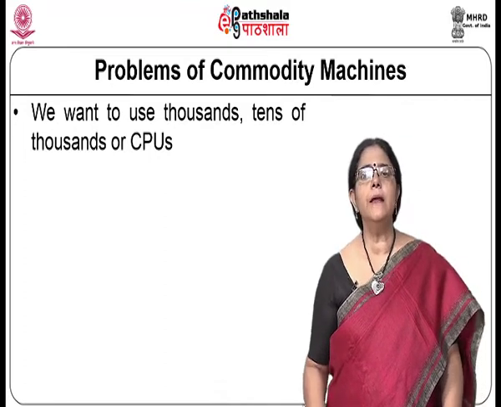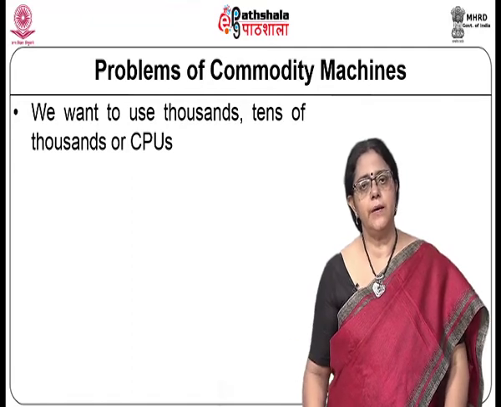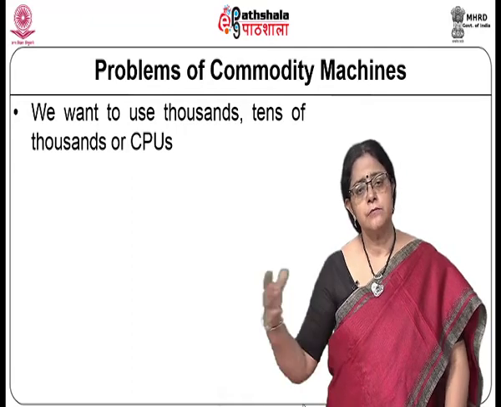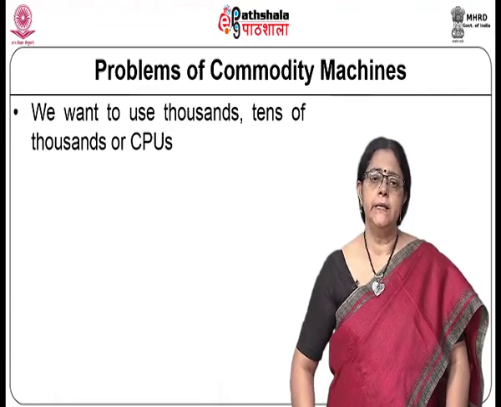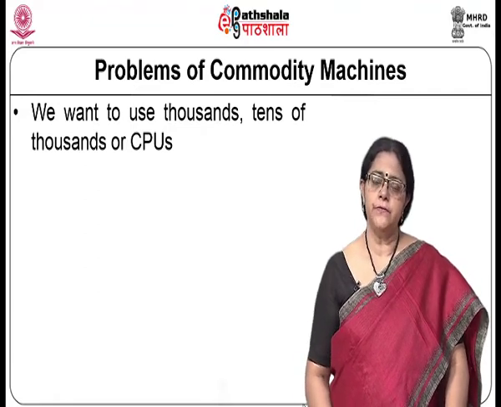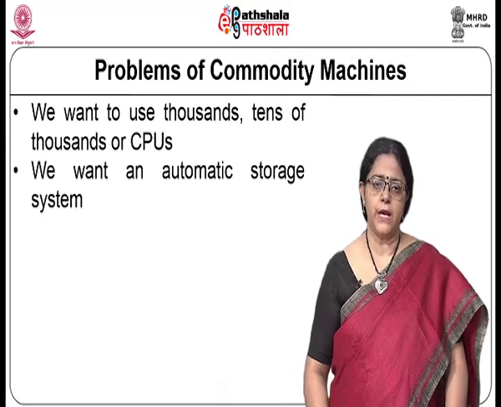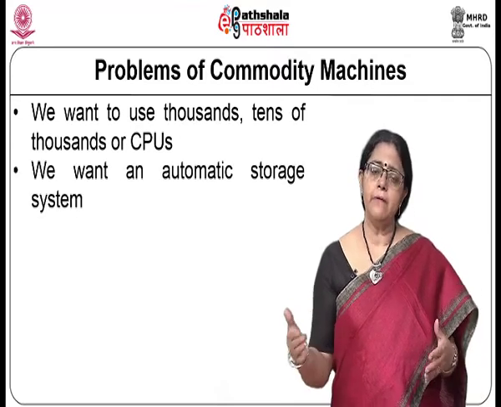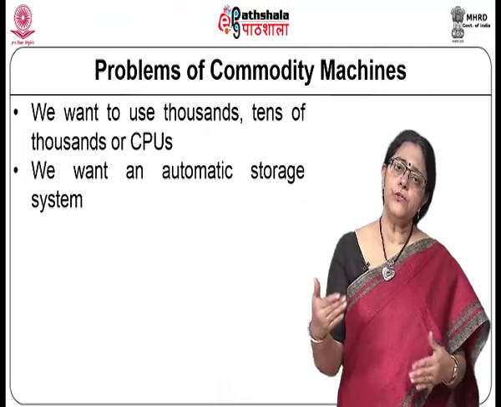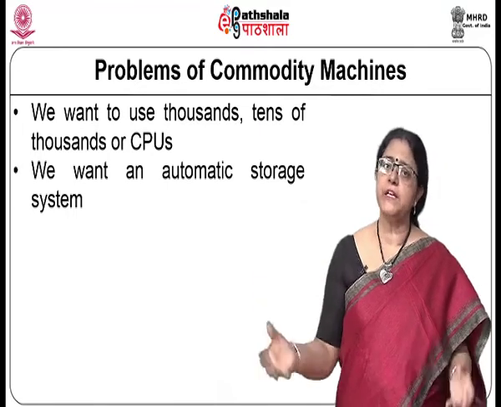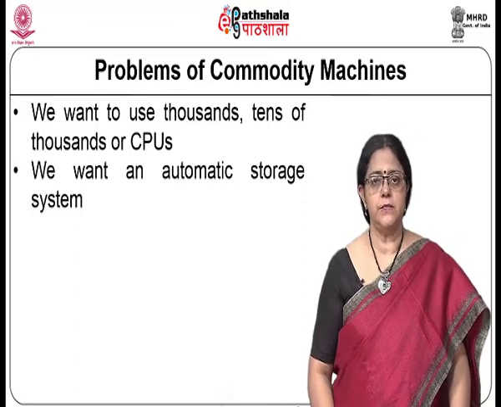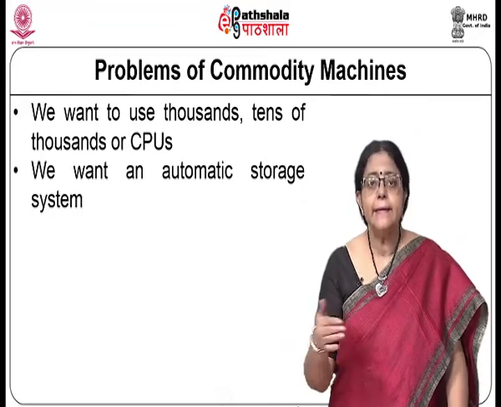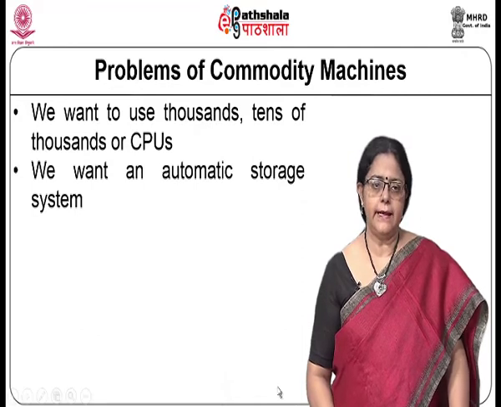So, how many of these machines will be sufficient to churn this terabyte or petabyte of data? We actually need thousands, tens of thousands of such machines. We also need a corresponding storage attached to these processors to make the data available as and when they need it.